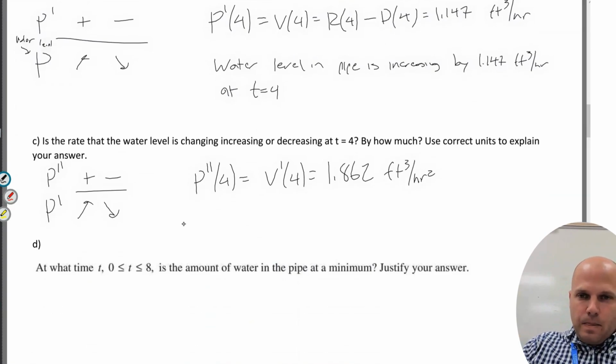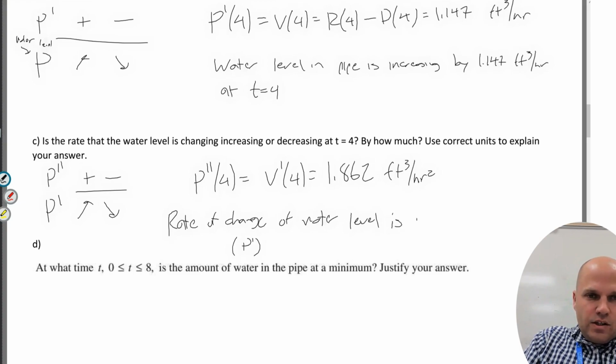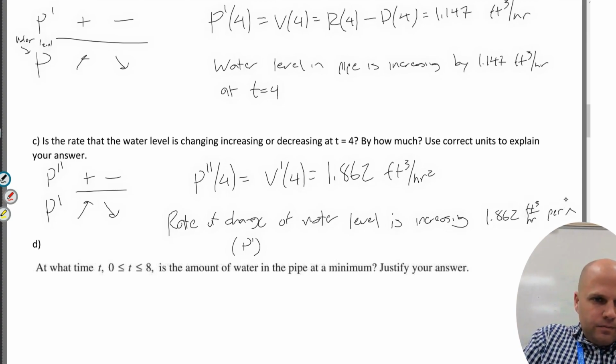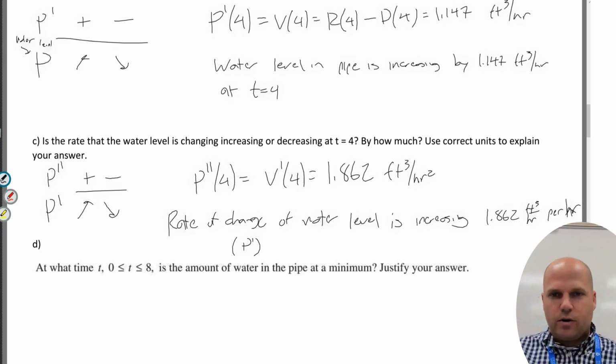You would say the rate of change of the water level, which is P prime, is increasing by this many cubic feet per hour squared.